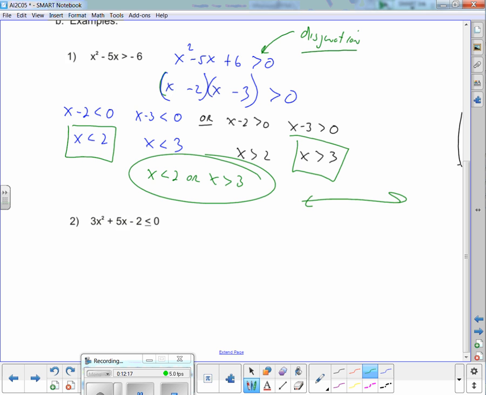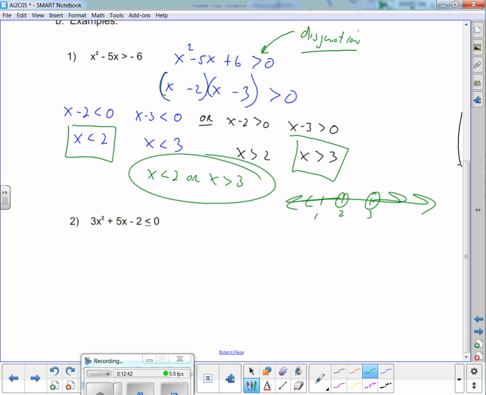Real quick check, and again, our time is getting away very quickly. If I were to graph this, circle over the 2, arrow to the left, circle over the 3, arrow to the right, meaning any value less than 2 should work, any value greater than 3 should work. If you want to, you can check these by putting that value back in the original.